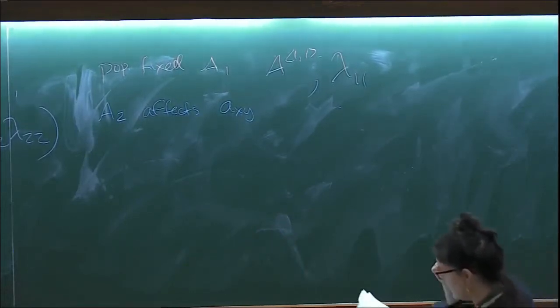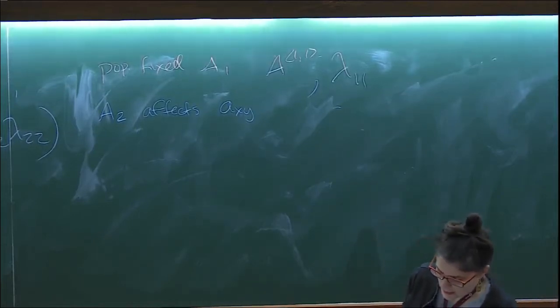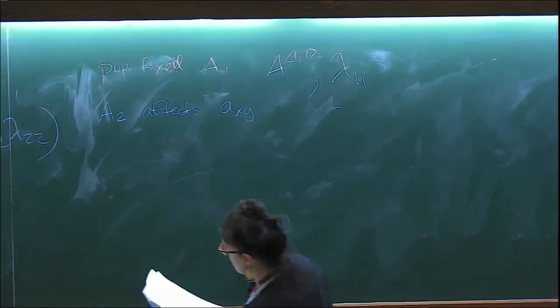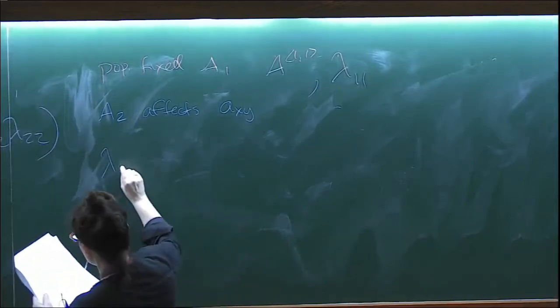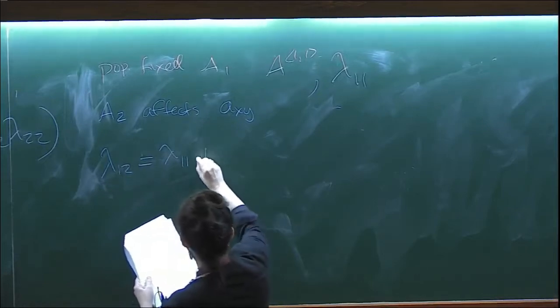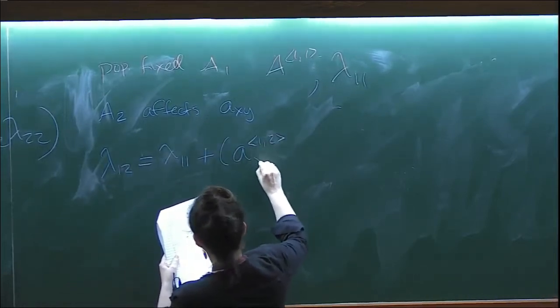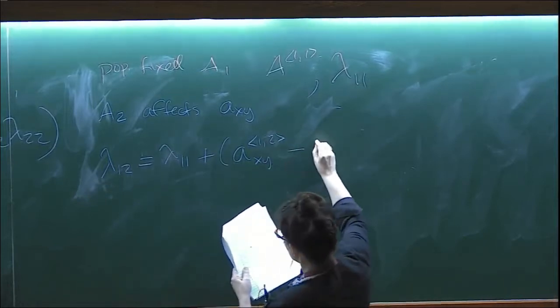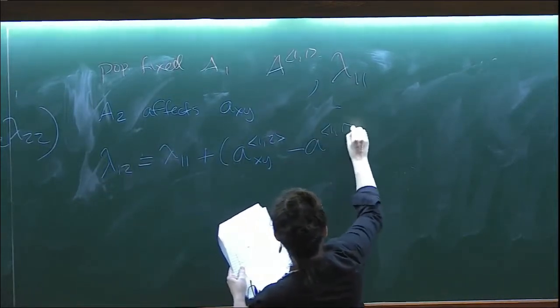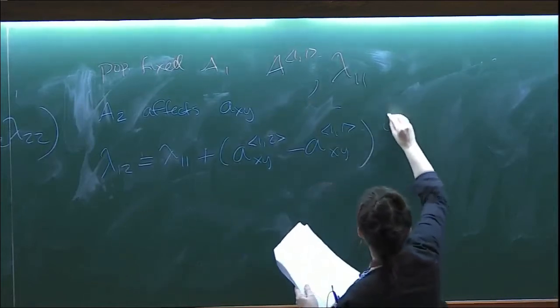We can approximate the lambdas using Taylor's theorem and write something like this. Again, this is a weak selection case. I'm not going to go through the hairy derivation of this.